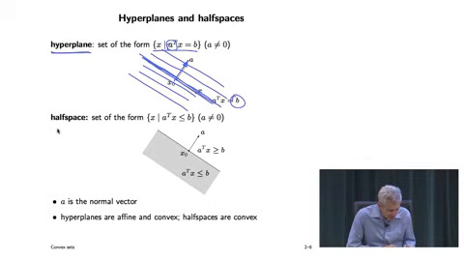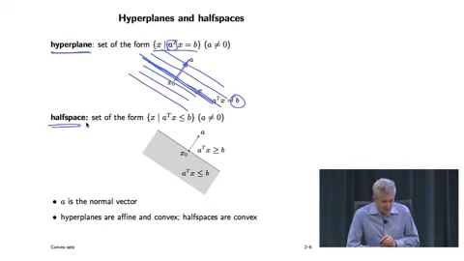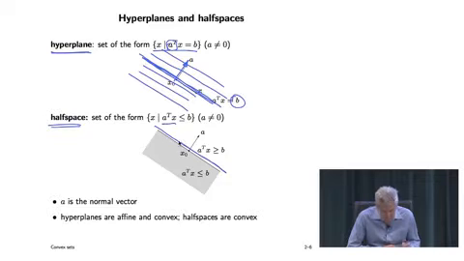A half space is this. It's the solution set of a single linear inequality. So here I say that a transpose x is less than or equal to b, as opposed to being equal to b. If it's equal to b, it would be this line right here. This might be b minus 0.1, and this would be b minus 0.2, and so on.